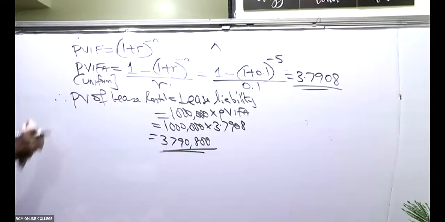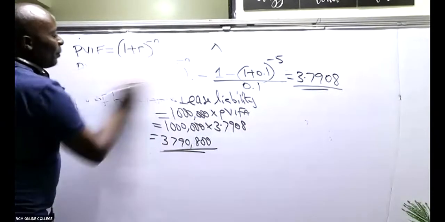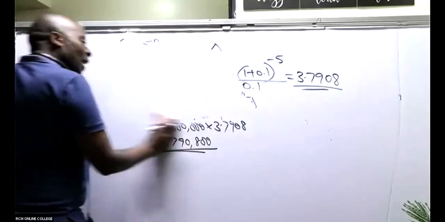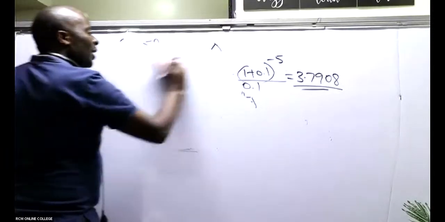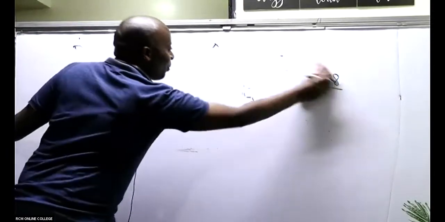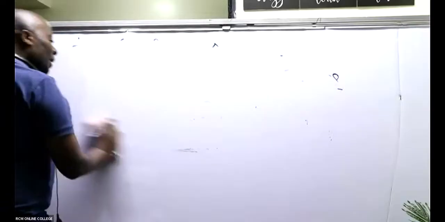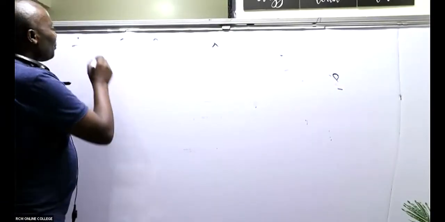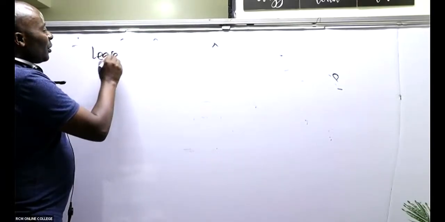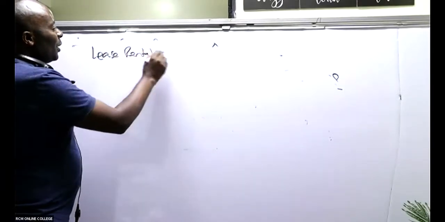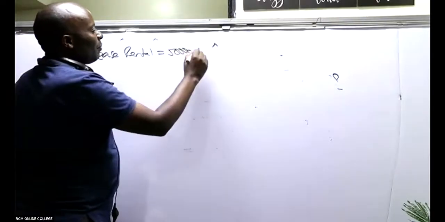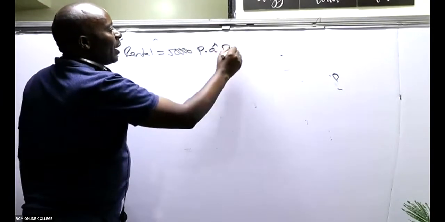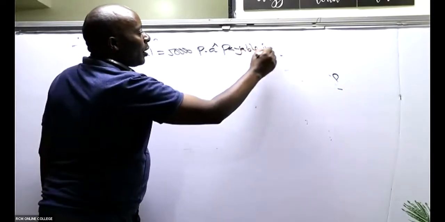Great. Thank you so much. But you see again, another trick that I've always seen the AFR, Advanced Financial Reporting, and of course the Intermediate Financial Reporting examiners doing. These examiners, they'll come and tell you the following. That lease rental is 50,000 per annum, payable in advance.